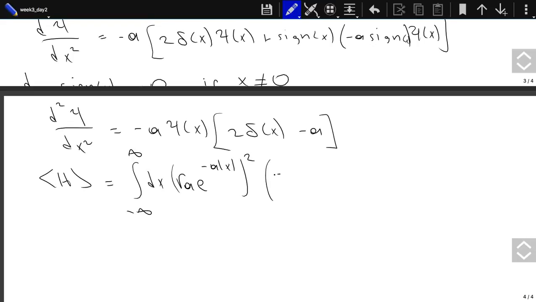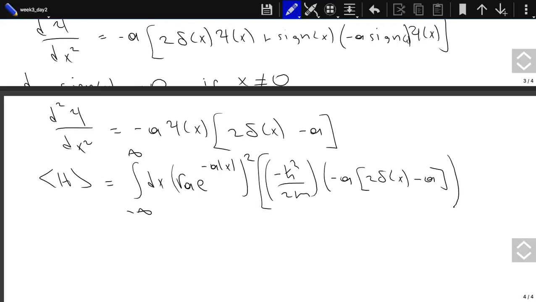And then we have minus h bar squared over 2m times minus a times twice the Dirac delta of x. This is the kinetic energy. Plus 1 over 2 m omega squared x squared.